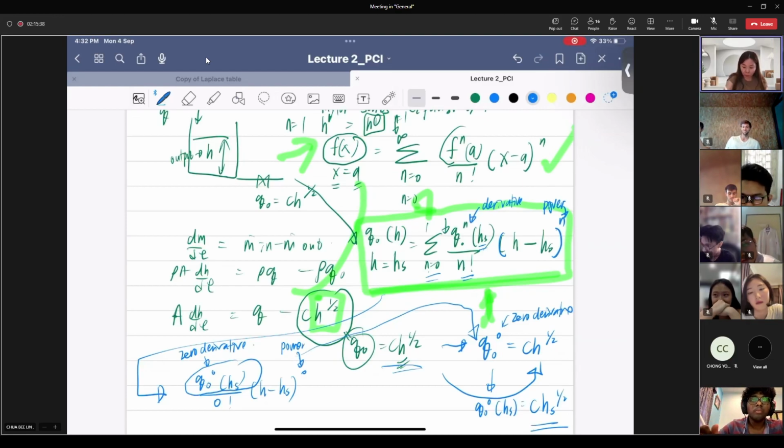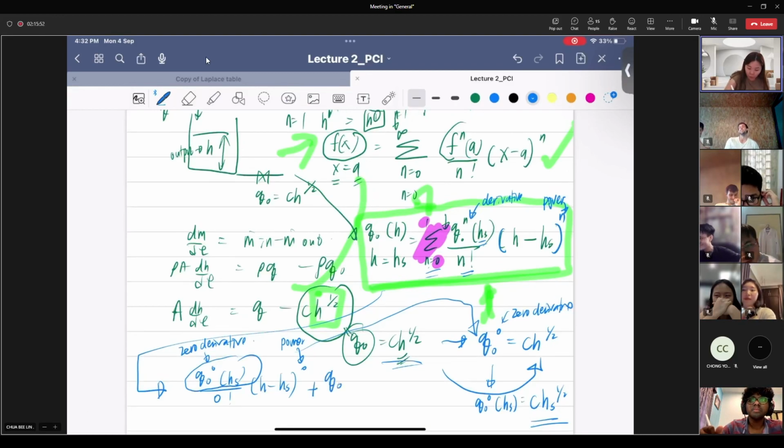Okay, then we continue because it's a summation. You already did the 0. You start from 0 until n equals 1, so plus Q0 first-order derivative over 1 factorial. Then the h, later you substitute with h_s: (h minus h_s) power 1.